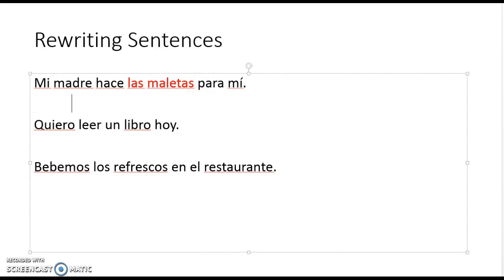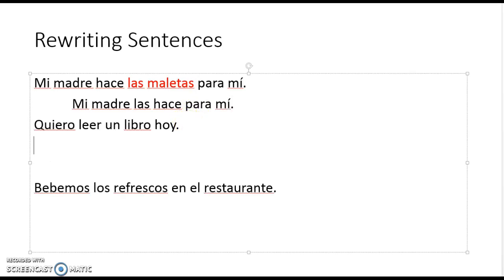So if we want to rewrite this sentence, we're going to keep mi madre, that's a subject. We have to put the direct object pronoun before the conjugated verb. So for las maletas, it's feminine and plural, so we'll use las to replace it. Then we have the verb hace and para mí.